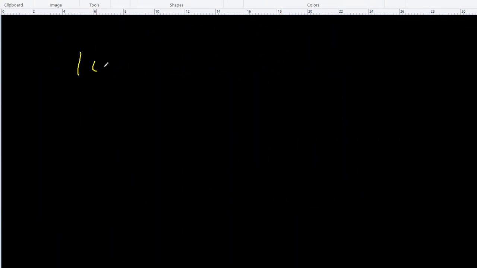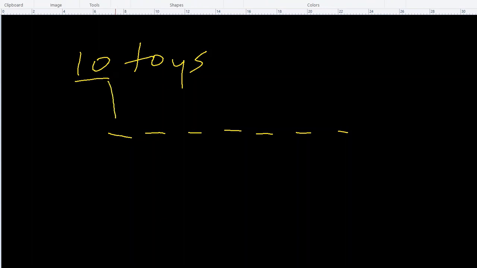Okay, there are 10 toys, right? And there are 6 children. 1, 2, 3, 4, 5, 6 children, right? These 10 toys are to be distributed among these 6 children. So it's possible that all 10 toys are given to one child, right? It's also possible.